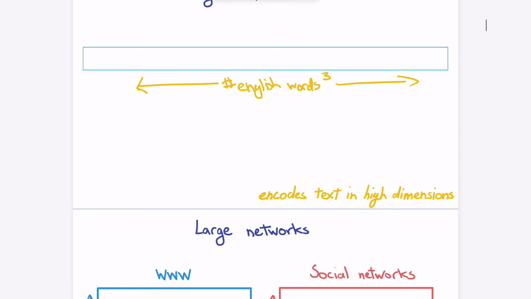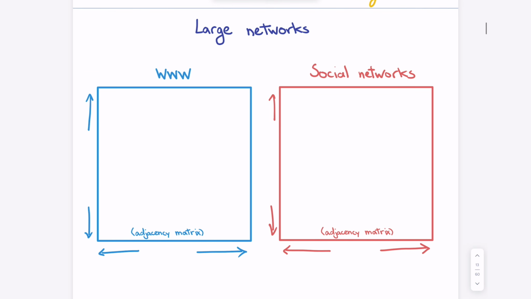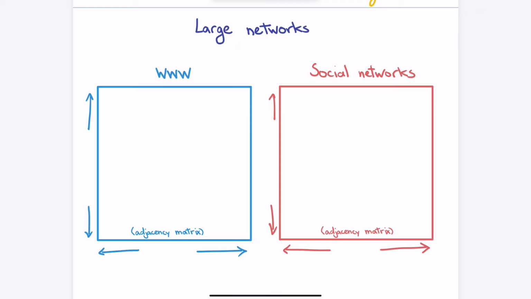Here's maybe a couple other examples of large networks. Any graph can be represented as an adjacency matrix. So let's start with the World Wide Web. It's an n by n matrix. What is n roughly?